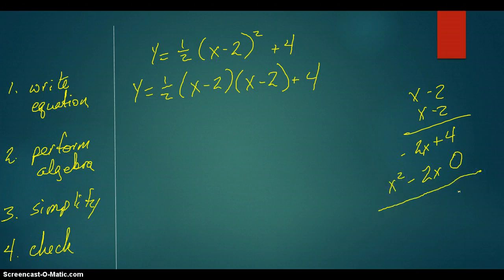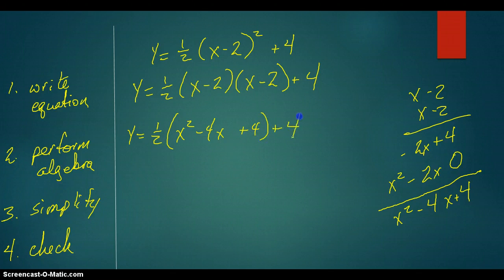I like this because my like terms are lined up. And if you'll notice, this is a plus 4. That's why this plus 4 came down. And so now I just insert this back in. X squared minus 4x plus 4, plus 4.